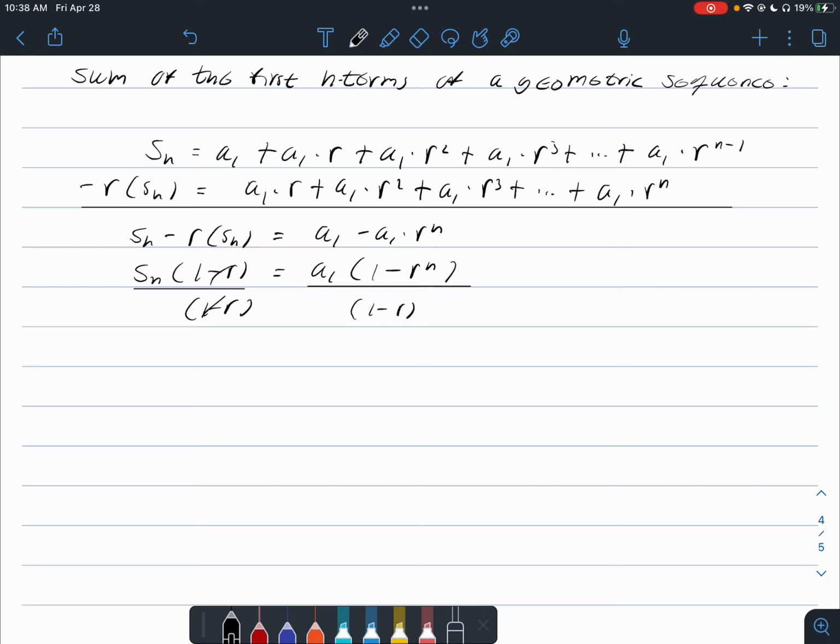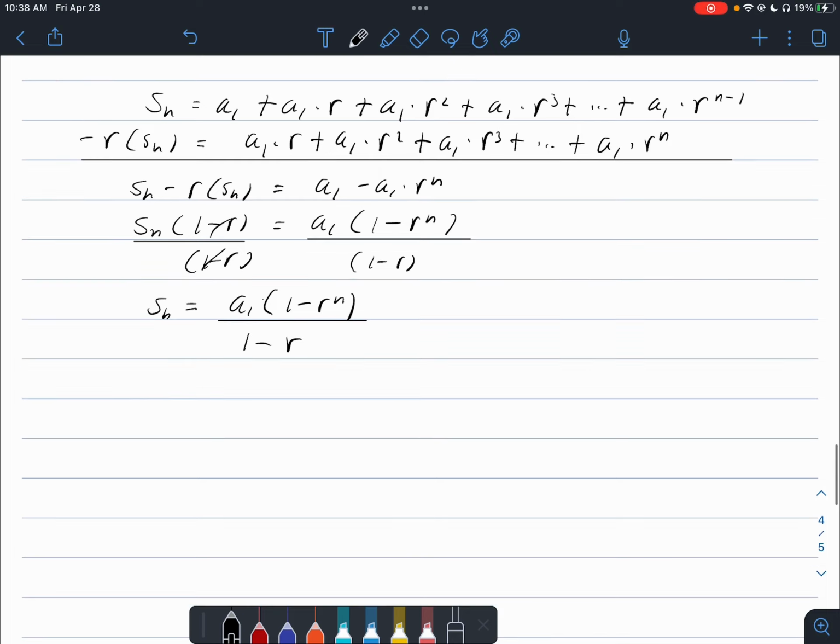These will cancel, and we get that S sub n is equal to A1 times 1 minus r to the n over 1 minus r. So here we actually have it. This is our formula. If we want to find the sum of the first n terms of a geometric sequence, it's our first term times 1 minus our common ratio to the nth power, over 1 minus our common ratio r.